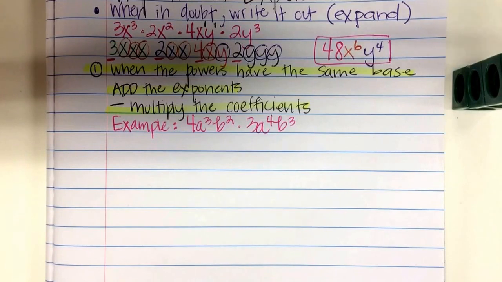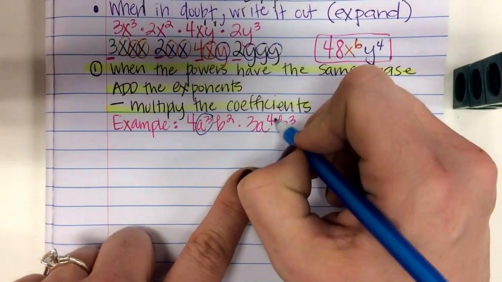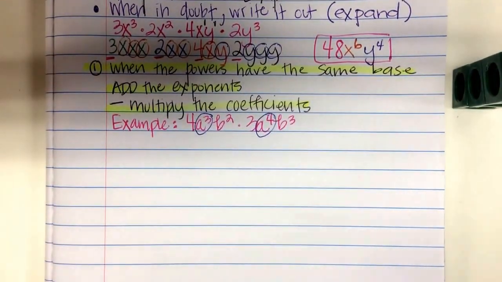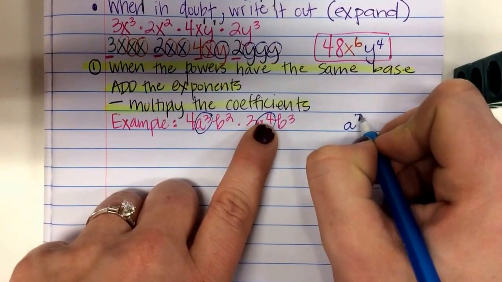What could go together? Who can tell me like terms? What can I combine? I could expand it. When in doubt, write it out. But let's use the rule. Noah, give me one thing that can go together. A to the third and a to the fourth gives me what? What do you do with those exponents? Add them. 3 plus 4 is a to the seventh.